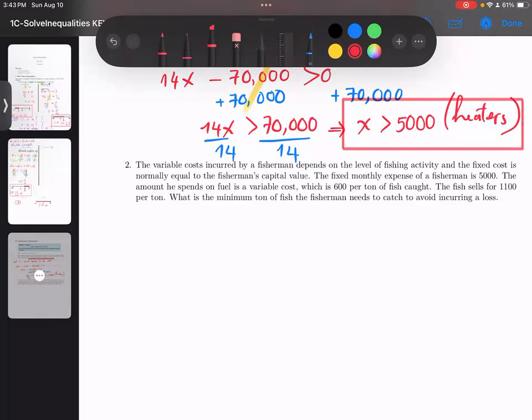So again, they ask me about the amount of fish that he has to catch, right? So this is in the number of tons. So again, whatever they ask you, let your variable be that. Let x be number of tons of fish needed to be caught.